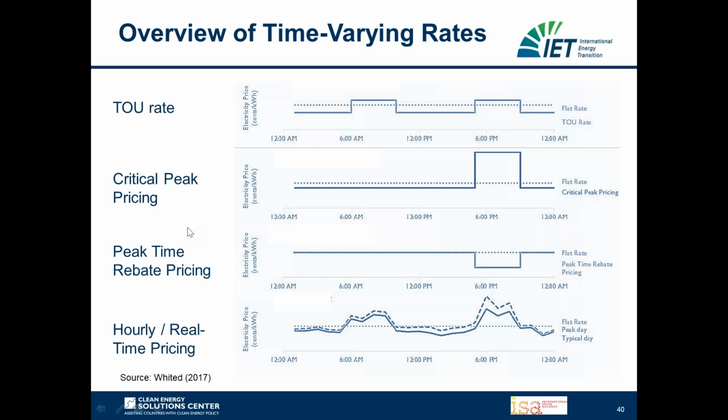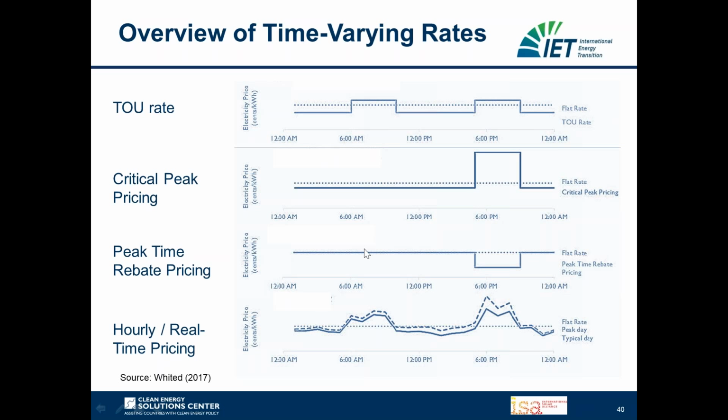However, there are of course advantages and disadvantages of time-varying rates. Here, just to give you a quick summary again of what we have discussed so far. With time-of-use rates, you can see that the price varies in certain hours during the day, with slightly higher prices during peak periods.